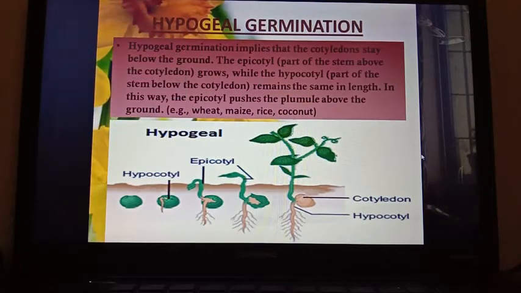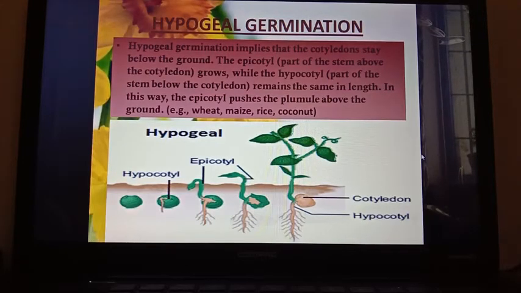Actually, this hypogeal germination is found almost in monocot seeds and some dicot seeds. In this case, cotyledons do not become green, meaning the foliage leaves are not coming out from the cotyledon. They gradually dry up and wither off. Okay.